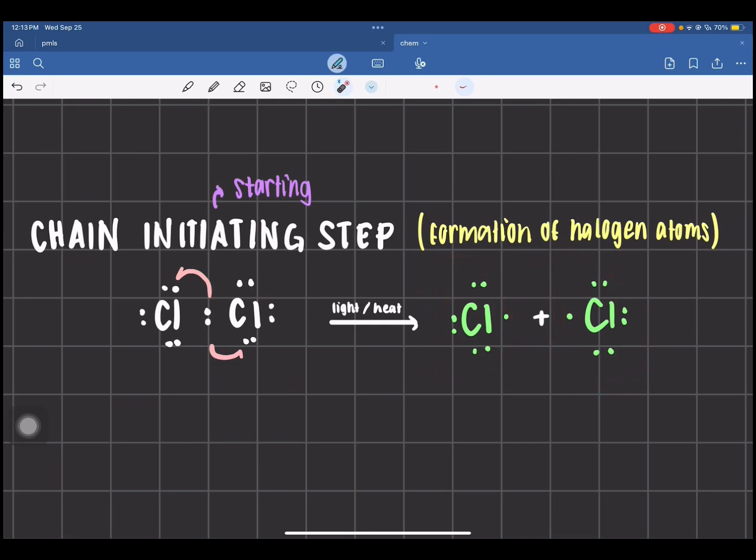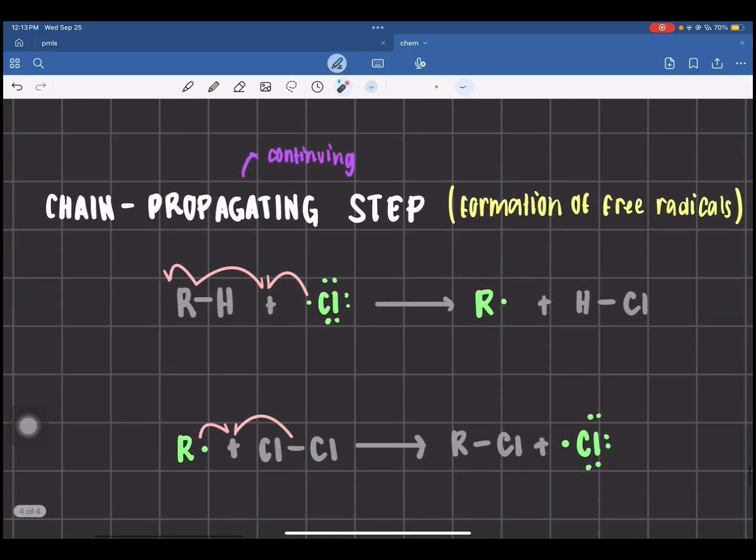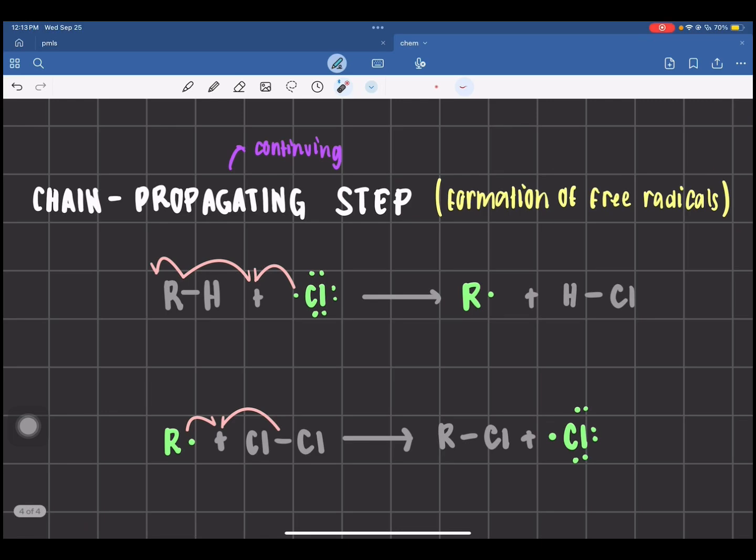So, next sa pagtutuloy-tuloy ng chain, we have our chain propagating step, or pagtuloy-tuloy. Dito naman, nagtutuloy tayo mag-form ng free radicals, not just in the form of halogen atoms, but also in the form of alkyl radicals. Ayan. So, ang nangyayari is, we have an alkyl group here, and from this single bond, nagdo-donate siya ng electron pabalik dito sa backbone.